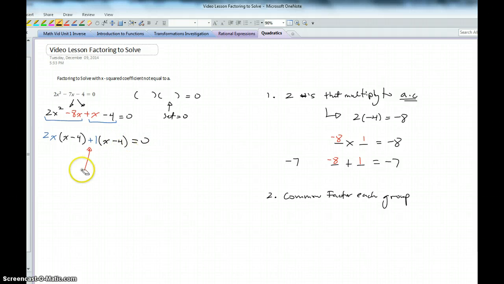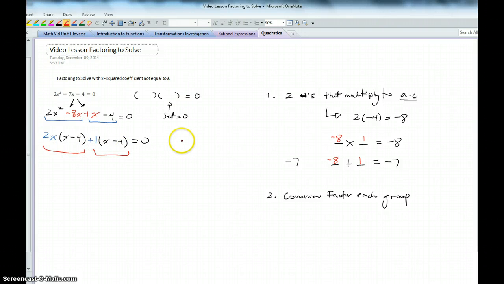Now the thing to note here is that you've got x minus 4 in each term. Note I've got 2x times x minus 4 plus 1 times x minus 4. So I can see that I have an x minus 4 in this expression and an x minus 4 in that expression.